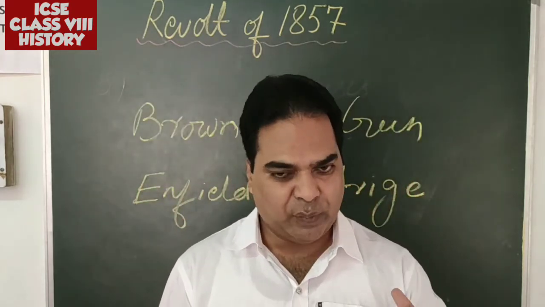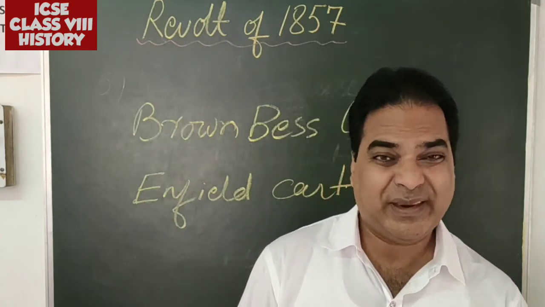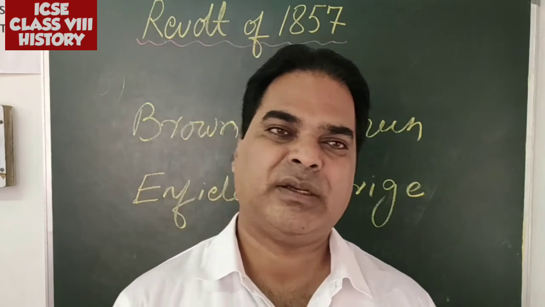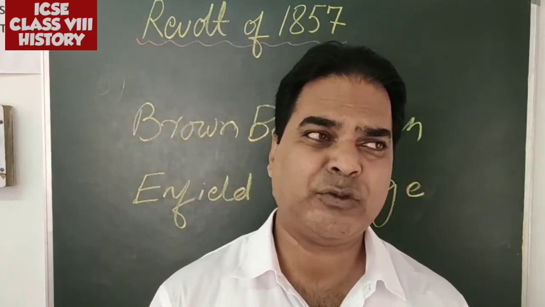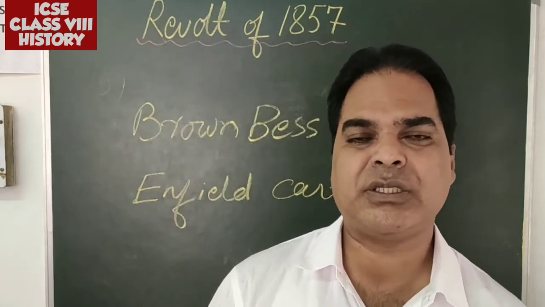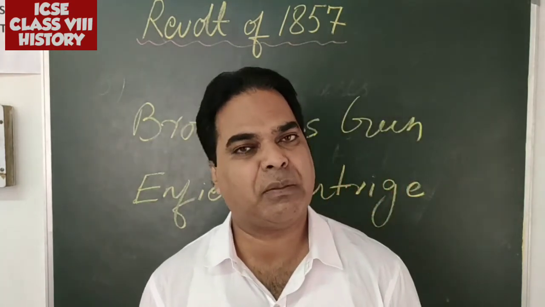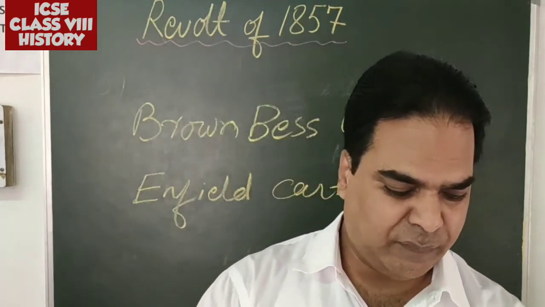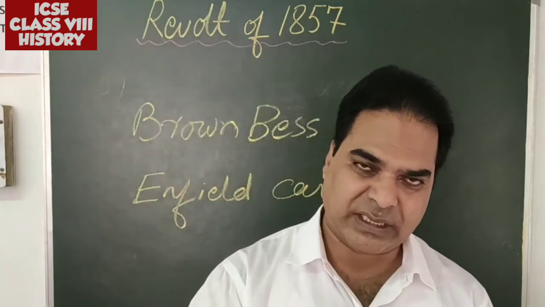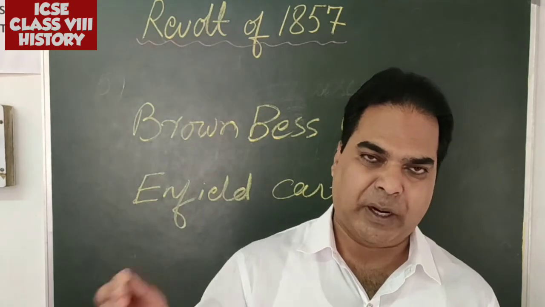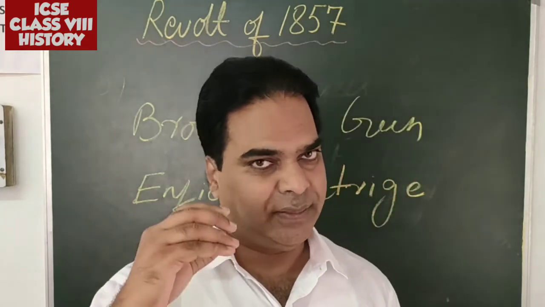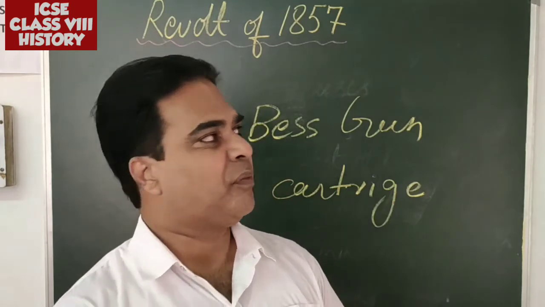When they refused, they started a revolt. Many of the soldiers were imprisoned, and the first person to refuse this was Mangal Pandey. With that, the revolt started and spread like wildfire in different parts of the country. This topic we'll discuss in the next class.